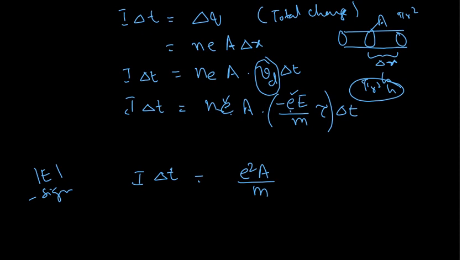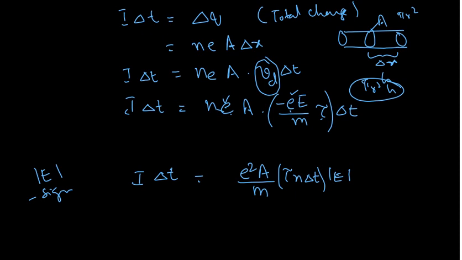Whatever is remaining is tau, this is tau n delta t. That's the expression you see at equation 3.19, which gives I delta t equal to the entire thing.